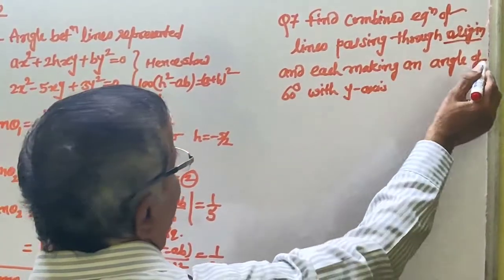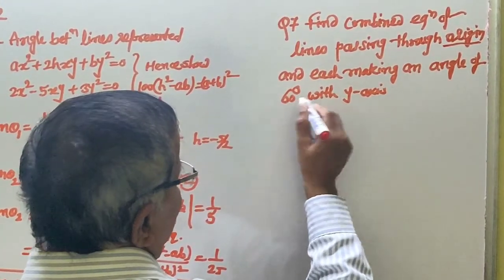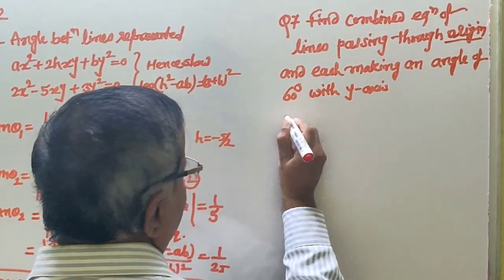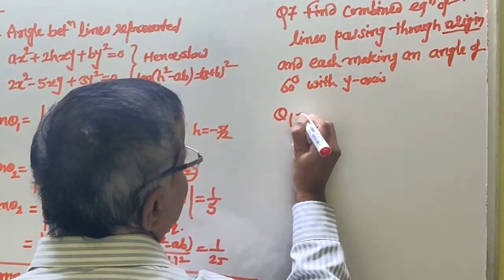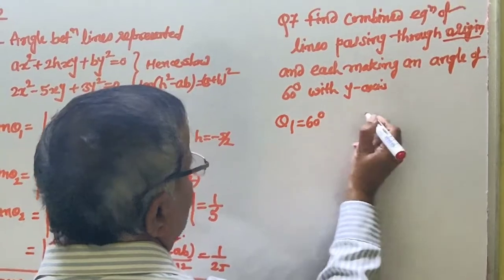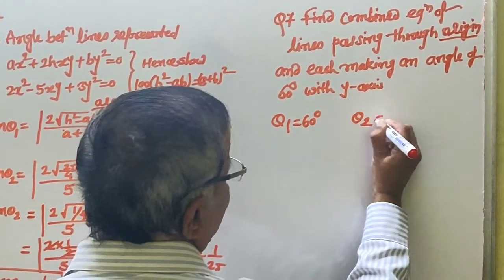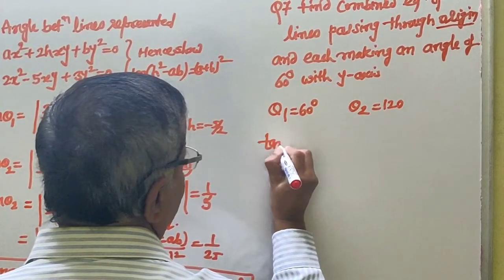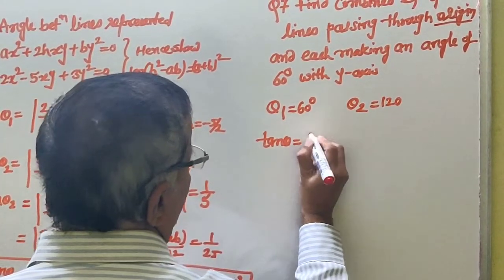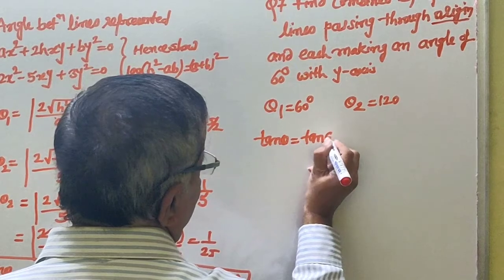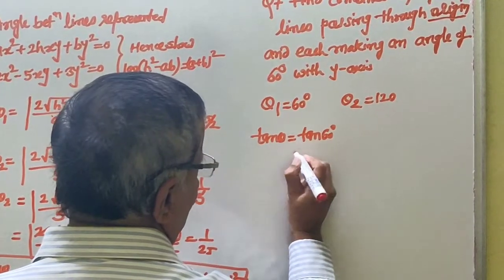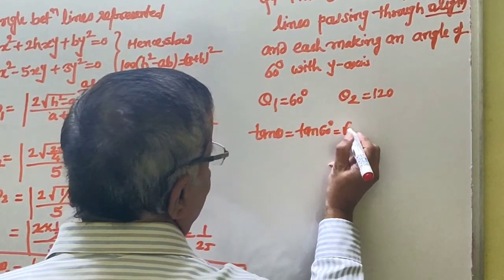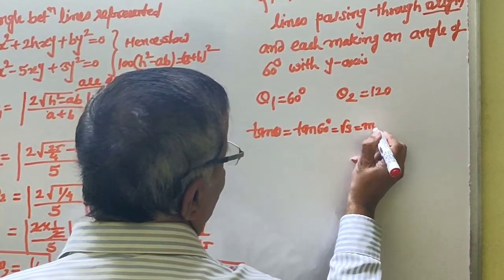And each of them making an angle of 60 degrees with the y-axis. Now I can consider theta 1 as 60 degrees, so theta 2 will be 120 degrees. Now I can find out the slope. Tan theta is equal to tan 60 degrees. Now what will be the slope? It will be root 3. This is your first slope.